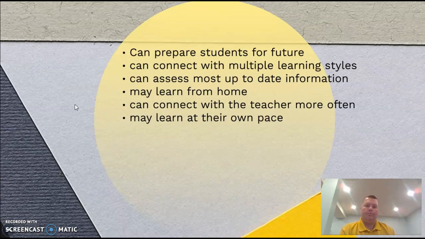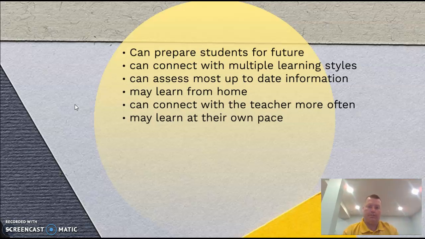These can prepare students for the future, connect us with multiple learning styles, and assist us with the most up-to-date information. I was actually substituting in the school last week, and I noticed the space science book we had is copyrighted 2005.